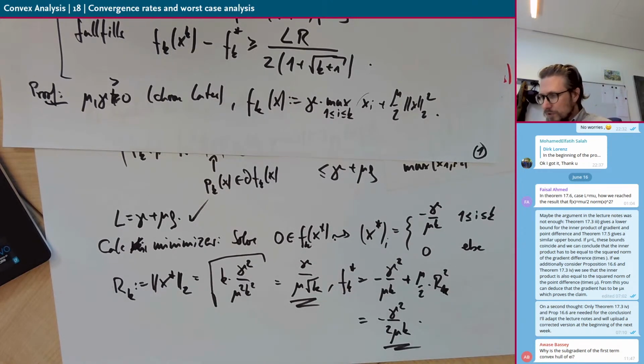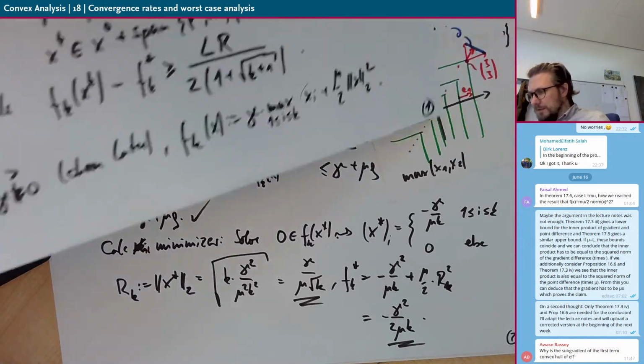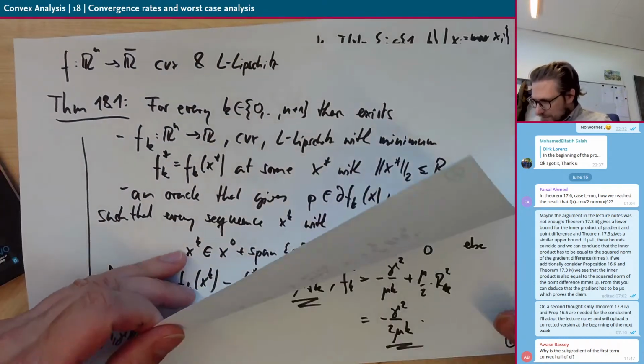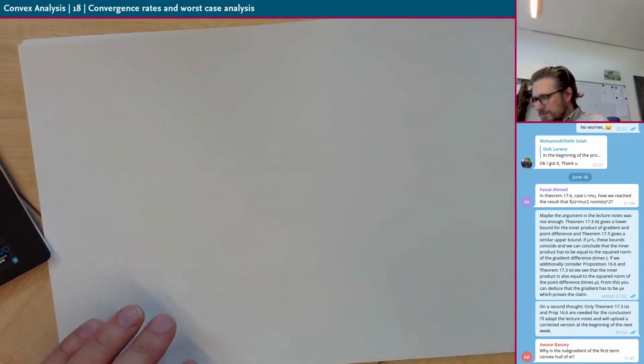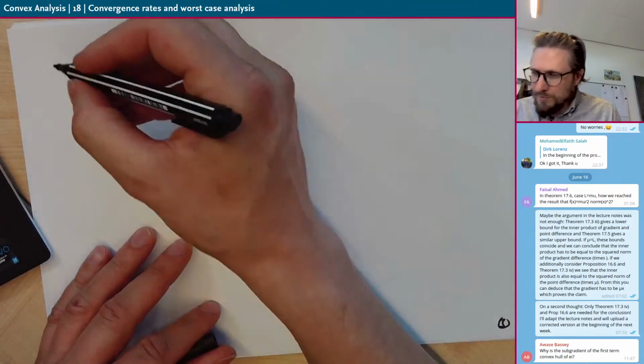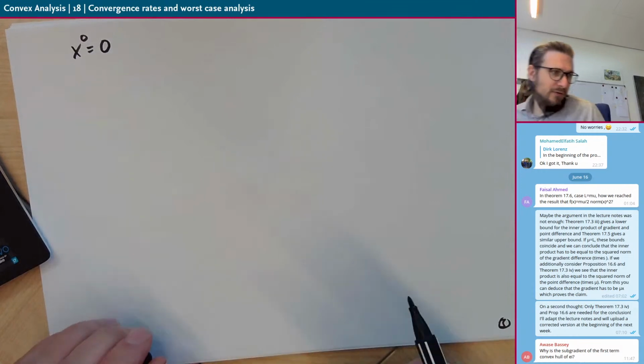Okay, so now let's see what any algorithm which moves in subgradient directions can give. And that is now nice. What can happen here? That is where the magic in the proof happens. So now it's important we initialize at 0, the vector which is all zeros.